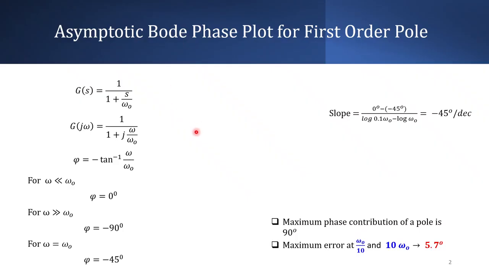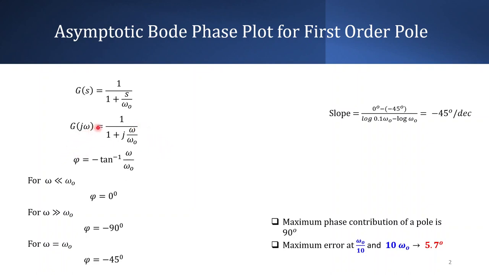So now you can see this transfer function, right? G(s) divided by 1 plus s divided by omega 0. Can you see the screen? Yes, sir. Okay, so let me tell you the basic idea behind this asymptotic Bode plot.